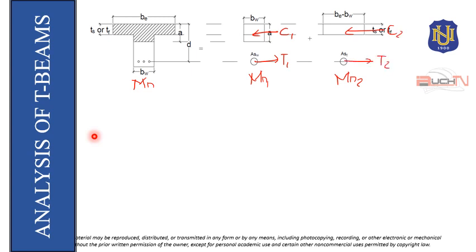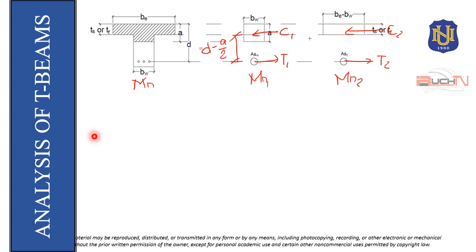So, we just need to determine the moment arm for each stress diagram. So, kung yung distance from the compression to the tension reinforcement, or centroid of the tension reinforcement is d. So, ibig sabihin, ang moment arm for the first diagram will be d minus a over 2.